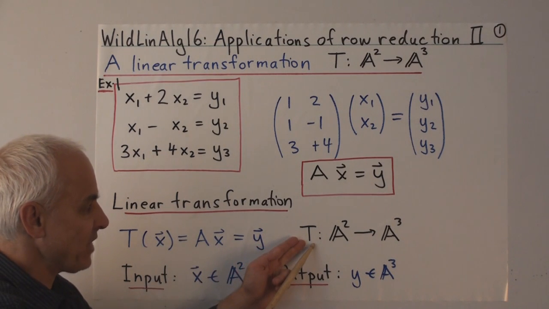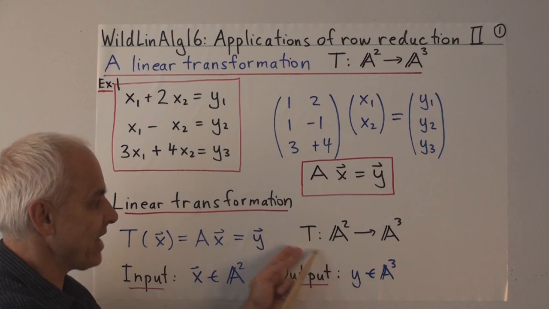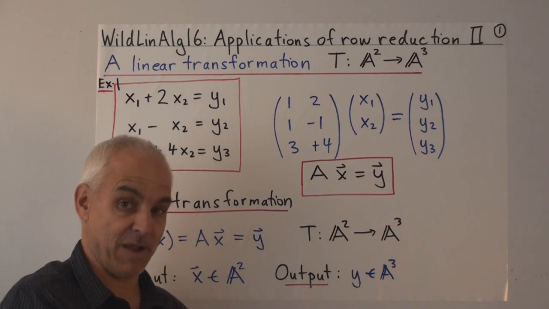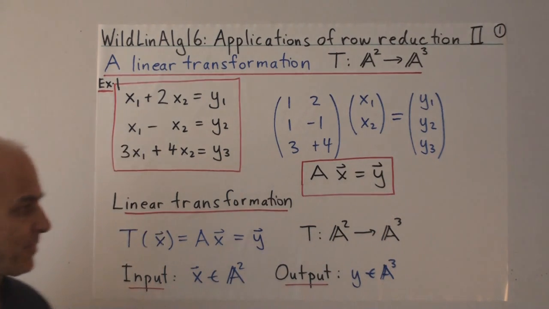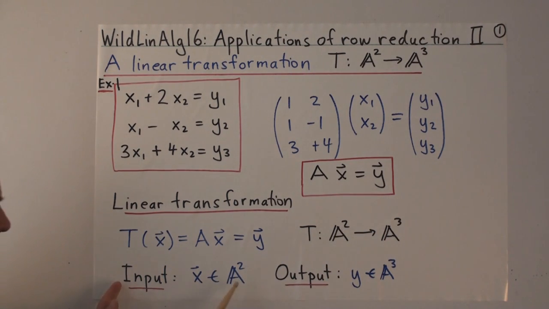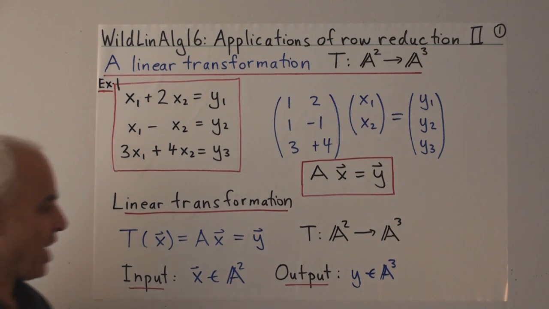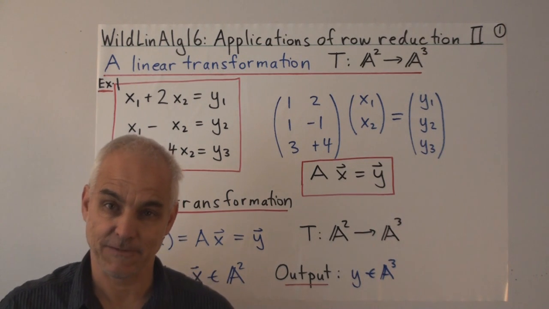And this transformation T that we're defining this way takes the vector x and sends it to an element in three-dimensional space, in A3. That's this vector y right here. So the input is a vector x in two-dimensional space. The output is a vector y in three-dimensional space.